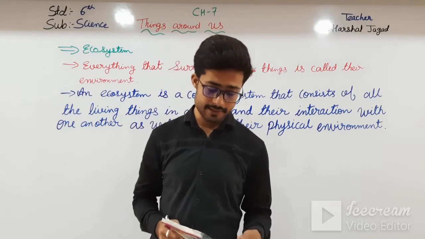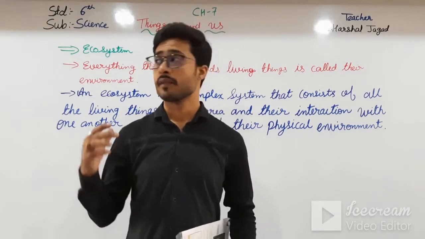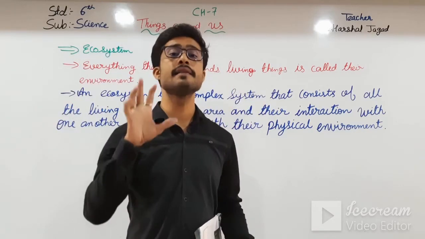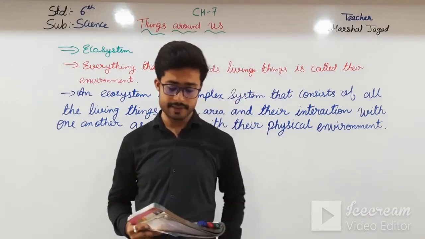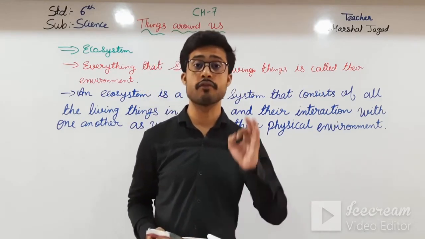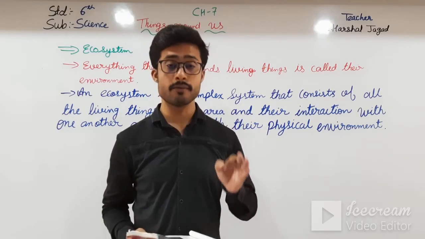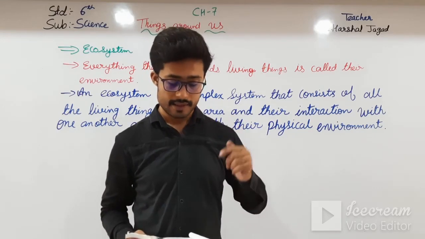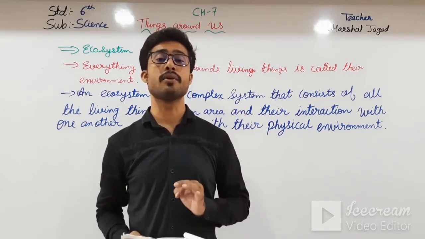So everything that surrounds a living thing is called the environment. Means everything that surrounds us is environment. Okay students, so an ecosystem is a complex system that consists of all living things in an area and their interaction with one another as well as with their physical environment.